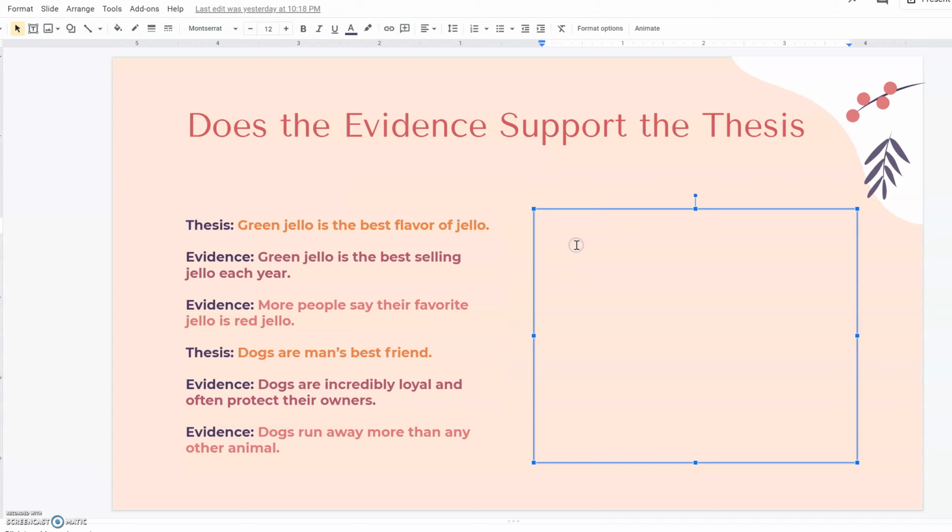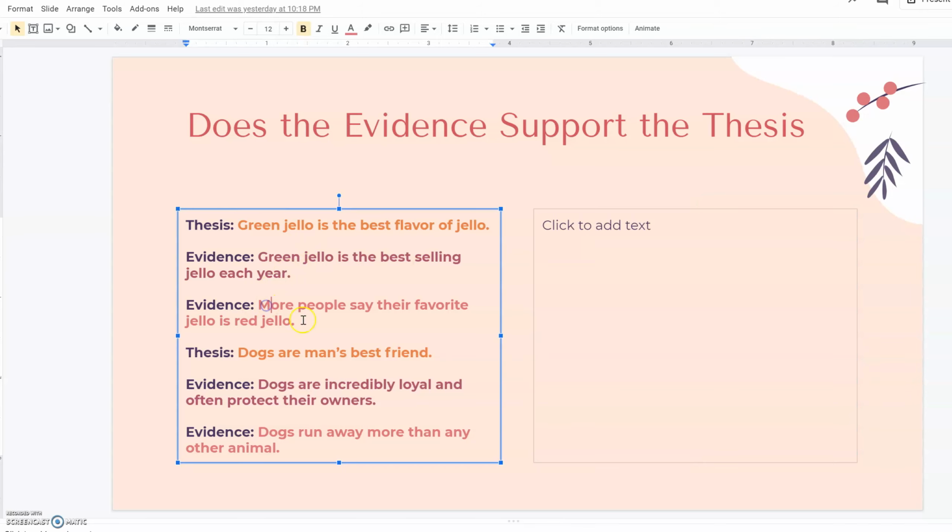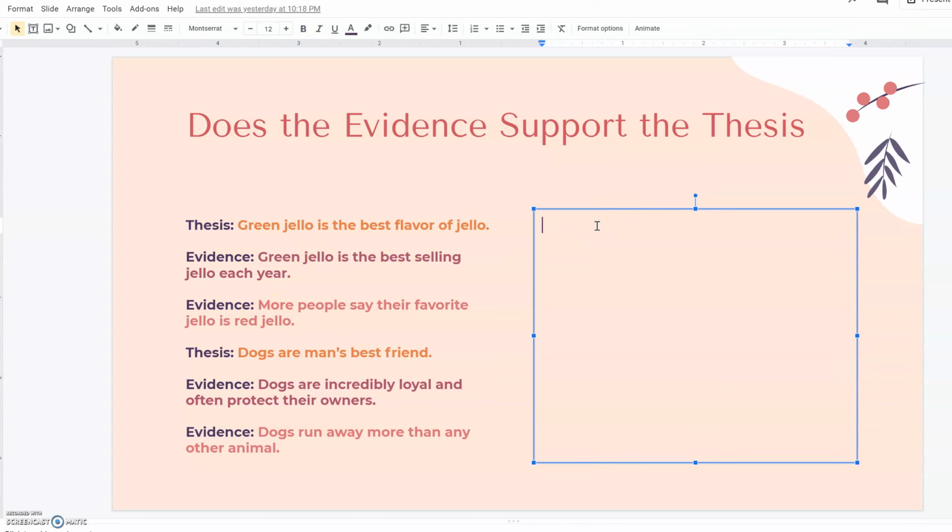So if I'm going to make a judgment, if I'm trying to write my thesis, green Jello is the best flavor of Jello, I'm going to end up ignoring this piece of evidence and only writing in the other piece. So green Jello is the best flavor of Jello. This is because, why did I spell Jello like that?